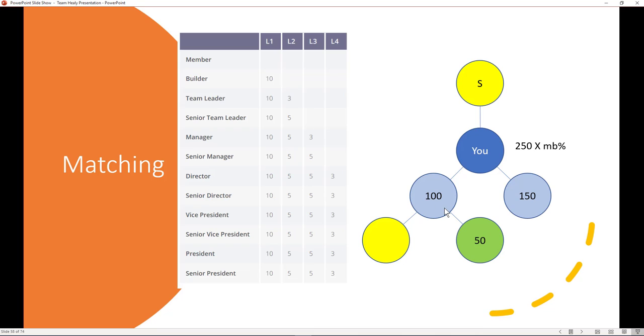So in our example here, level 1 is 100 plus 150, or 250, times 10%, or 25.